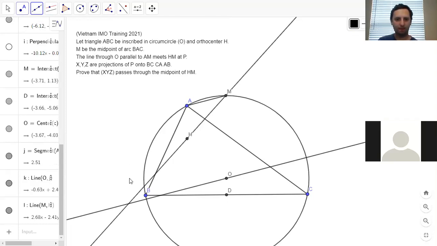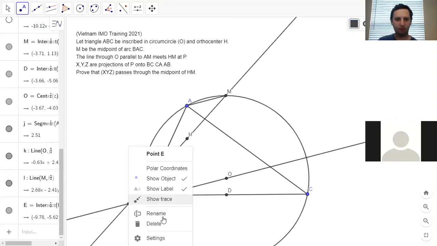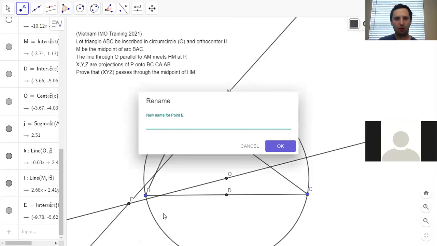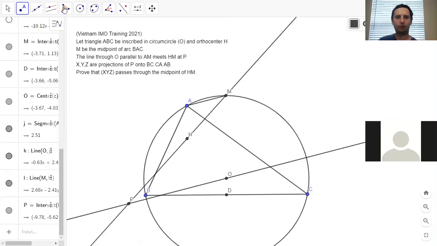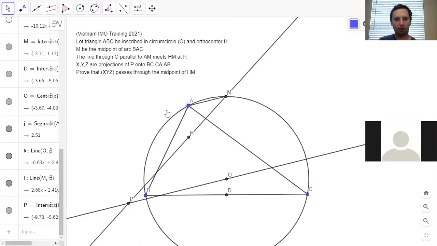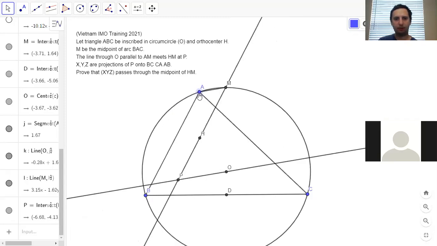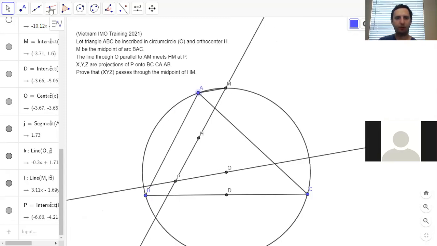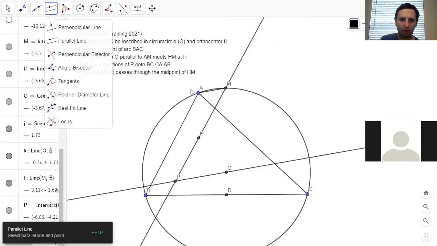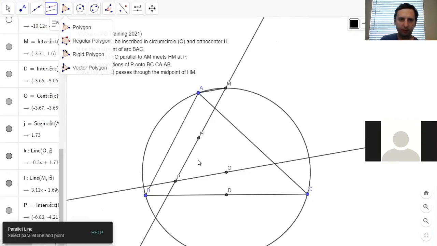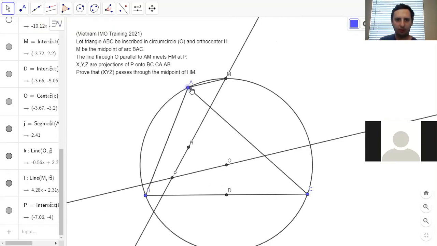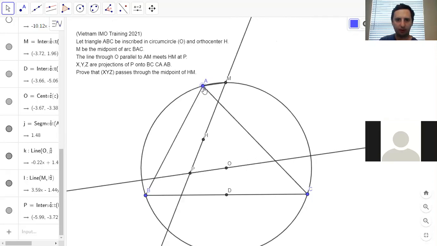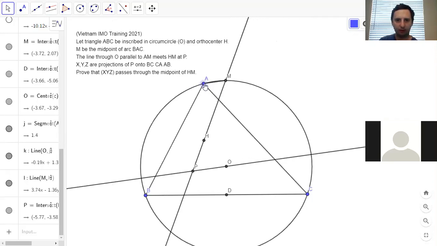Interesting. And then we project P onto all 3 of the sides. That's interesting. Let me see. Yeah, let's do it like that. That looks a little better. I wonder if this almost looks like a parallelogram right here, but HM isn't necessarily parallel to AB, so let's see if I can make it look better.